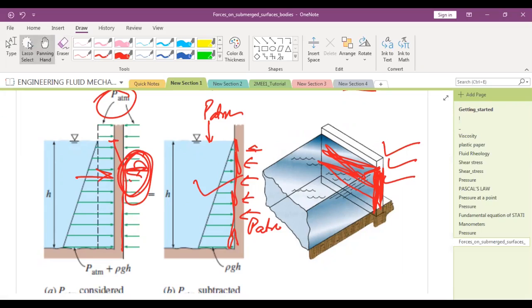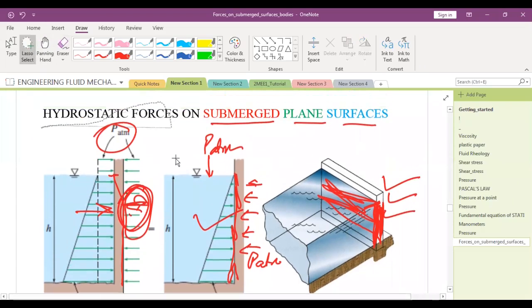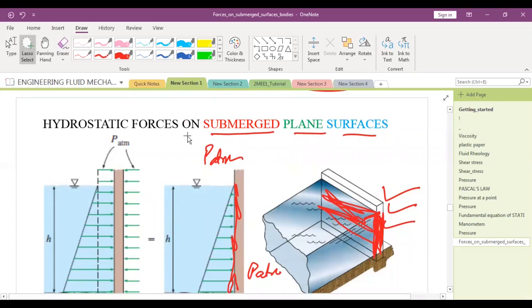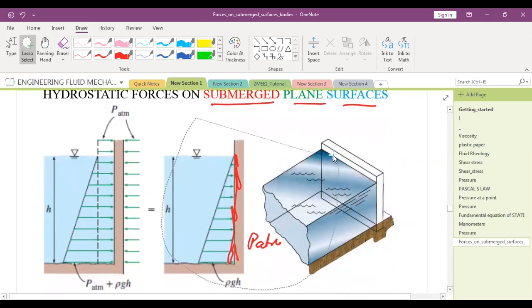In which case will I have to account for this P atmospheric pressure? Curved surface? No, not curved surface, I am asking about this horizontal or vertical surface.